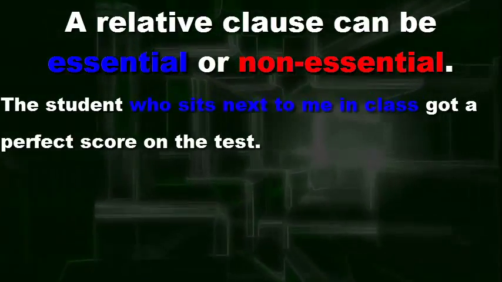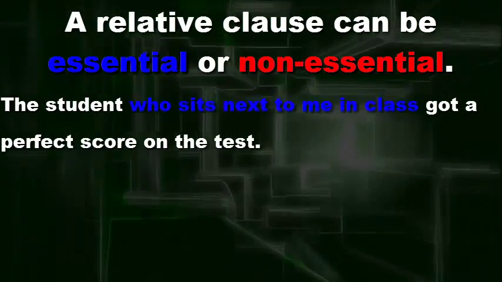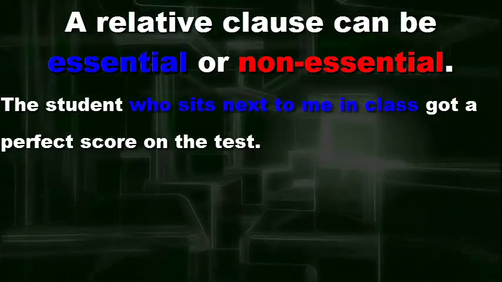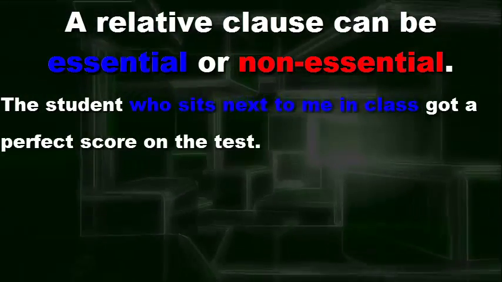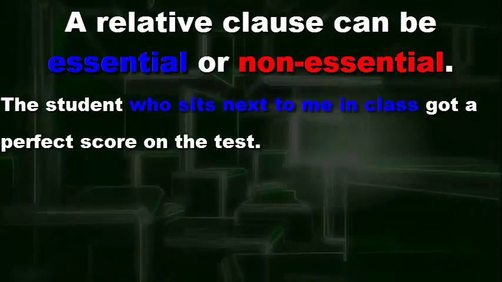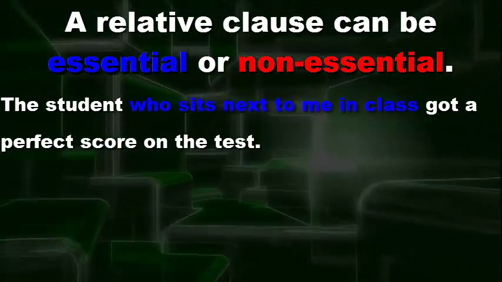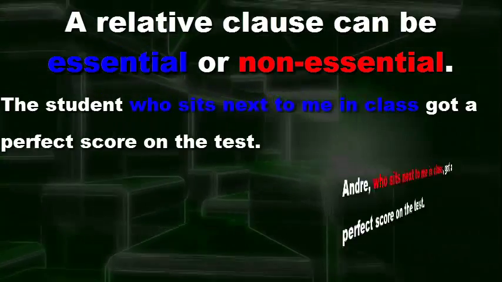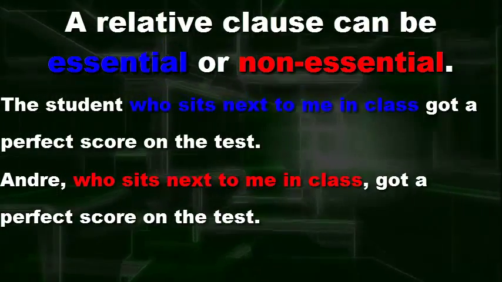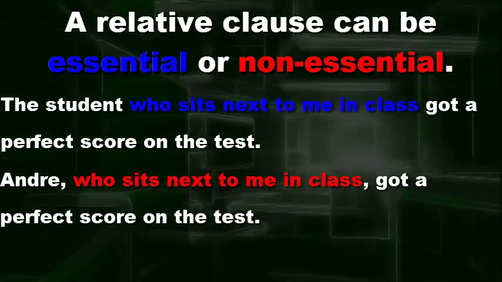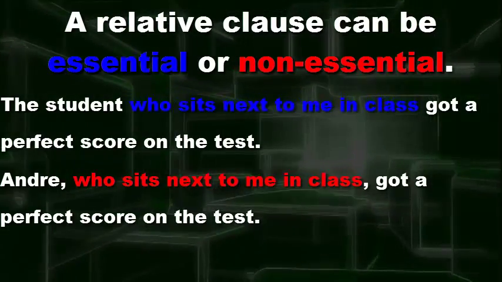The student who sits next to me in class got a perfect score on the test. The relative clause in this sentence is essential because it identifies which student got a perfect score on the test. Andre, who sits next to me in class, got a perfect score on the test.